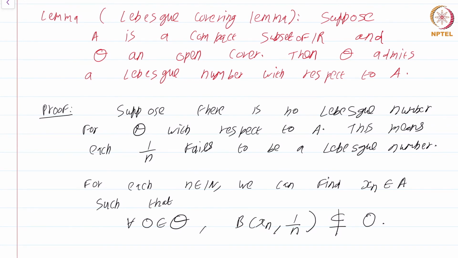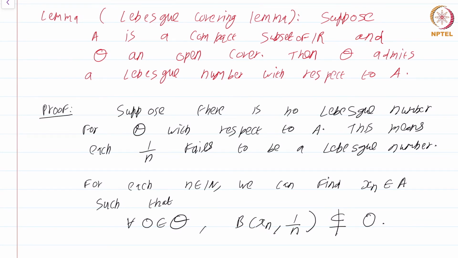So somehow the definition of Lebesgue number is not satisfied for 1 by n. That can only happen if you can find a point x_n such that B(x_n, 1 by n) is not a subset of any element of O, and this must be true for all the sets O coming from the collection O.